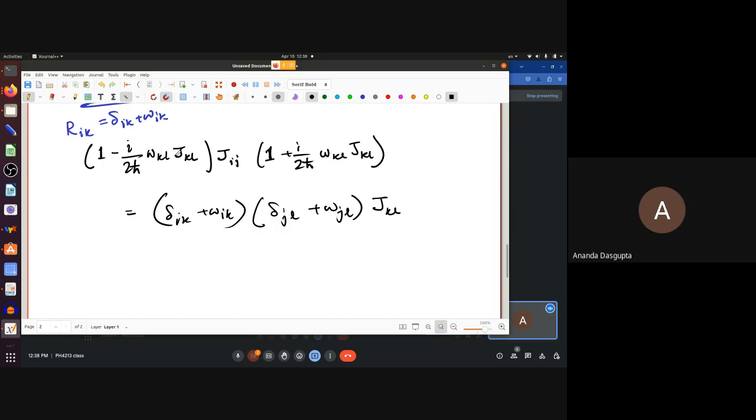You should be able to notice that if you take the first order terms, you are going to end up with what actually? This times this, that's one term, and this times this, that other term. Right? So what will I get?